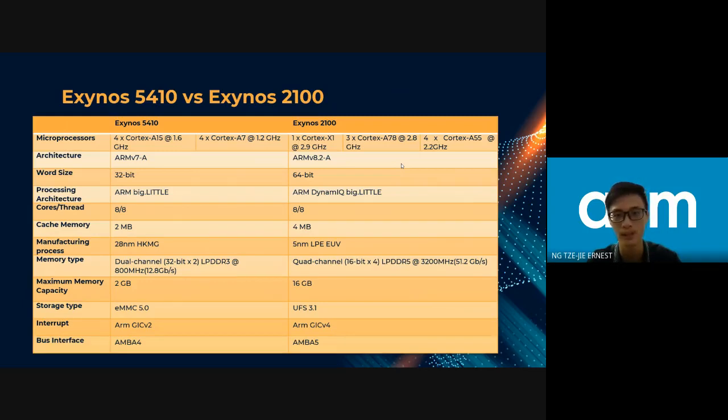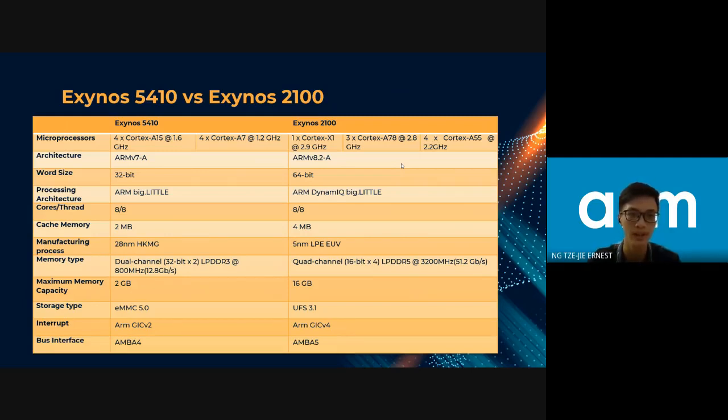It has 8 cores and 8 threads, 2 MB cache memory, fabricated on the 28 nanometer HKMG process, with dual channel LPDDR3 RAM with maximum memory capacity of 2 GB, eMMC 5.0 storage type, ARM generic interrupt controller version 2, and the AMBA 4 bus interface.